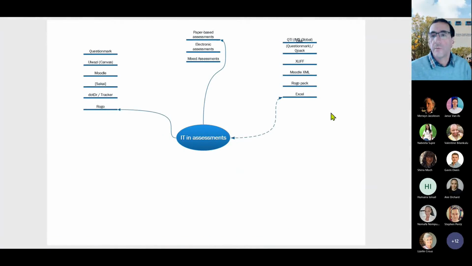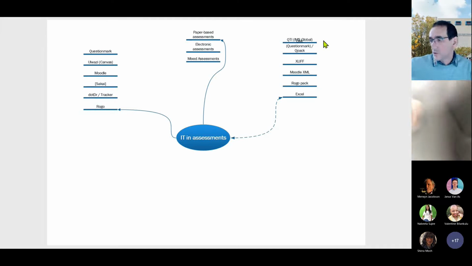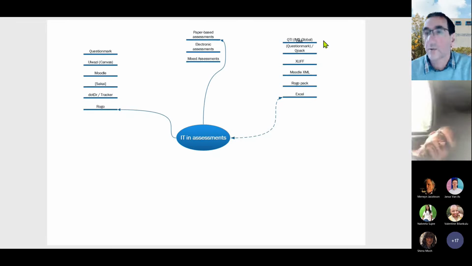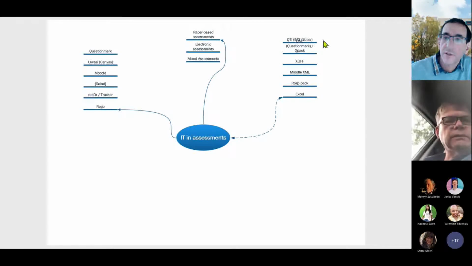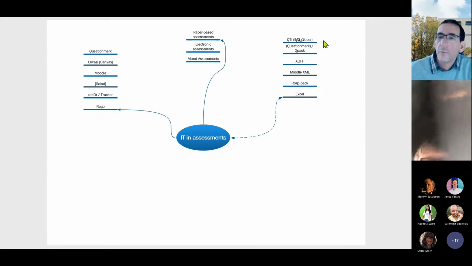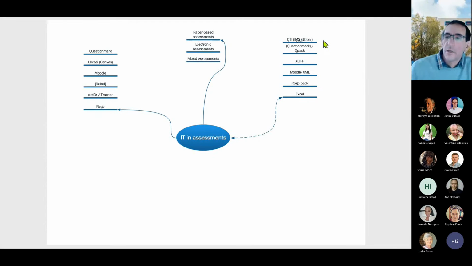So if we go back here, there's a standard from IMS Global, which is an international consortium of academic institutions and academic service providers, the guys who write the software. So the QTI standard is an interoperability standard that allows you to export questions from one system into another.